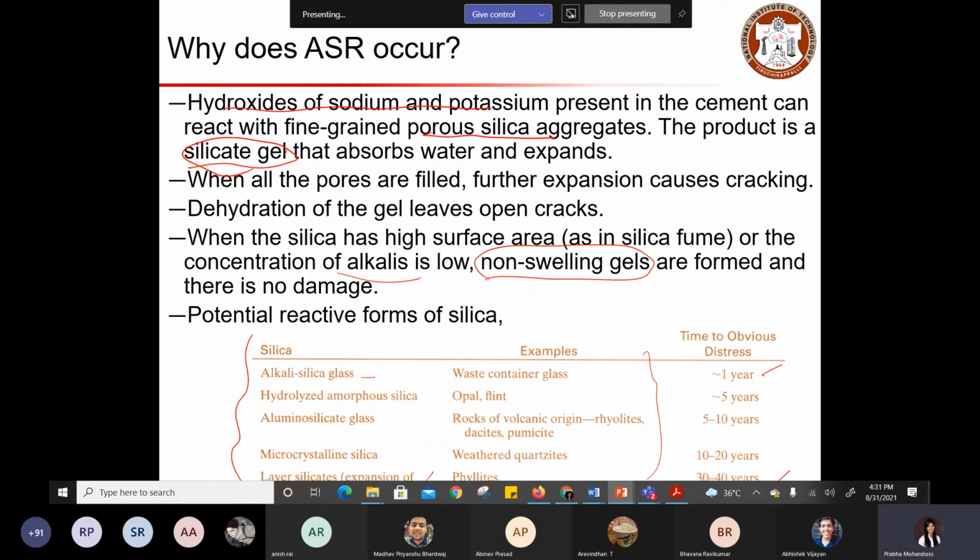Now when the gel dehydrates, that leaves the cracks open. But when the reaction is occurring, you will observe such gel formations which would fill up, and further growth of gel will lead to cracking.